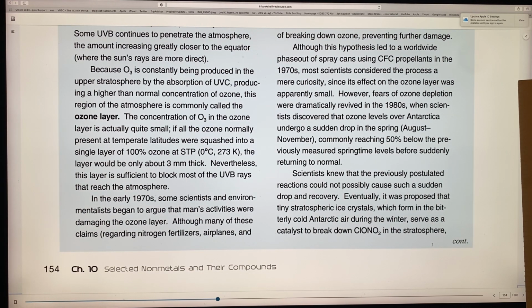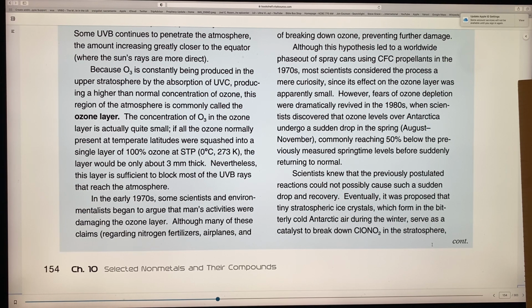Let's talk about what happened in the 1970s. Some scientists and environmentalists began to argue that man's activities were damaging the ozone layer, through nitrogen fertilizers, airplanes and automobiles.